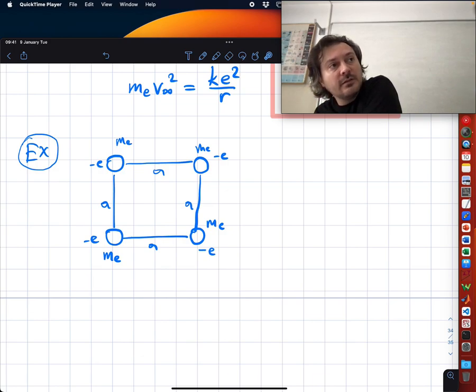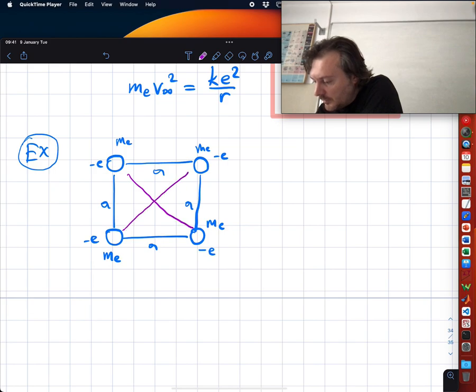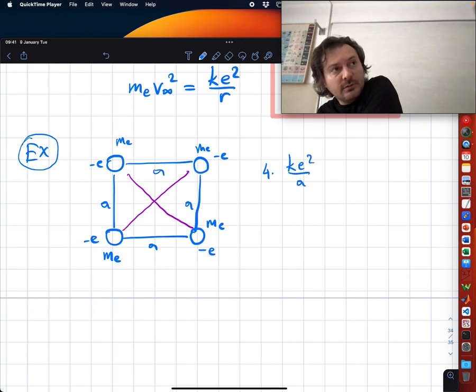Yes, again? Well, we need to calculate each of the particles, like each of the pairs. Each of the pairs, that's a better version of saying it. So each of the pairs, how many pairs do we have? 1, 2, 3, 4, 5, 6, right? So for these 4 pairs, I have 4 times ke squared over a, right?